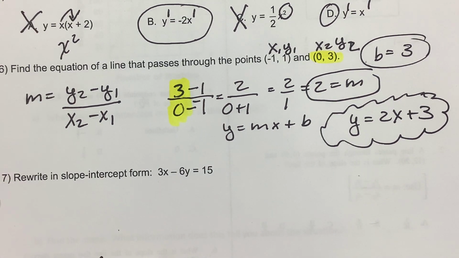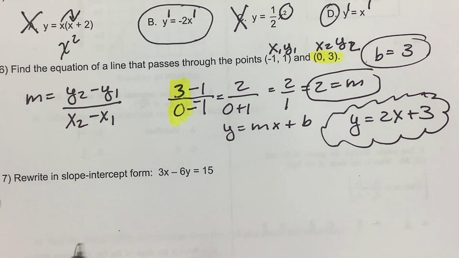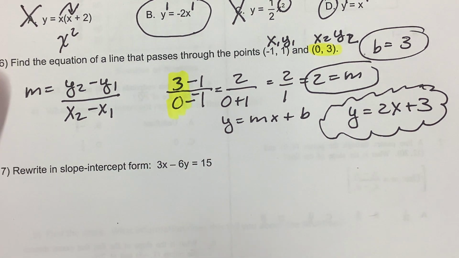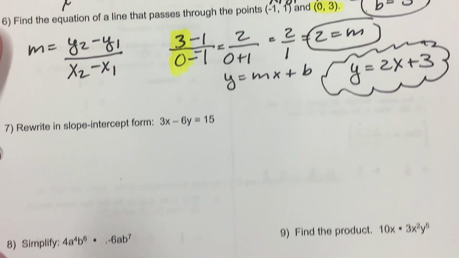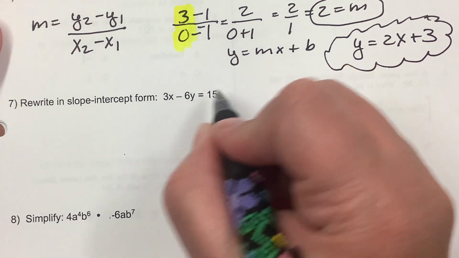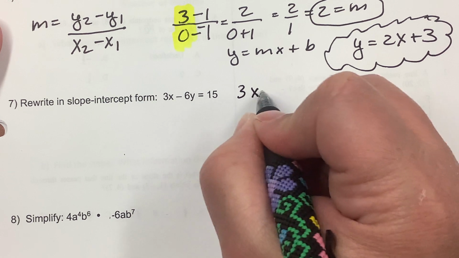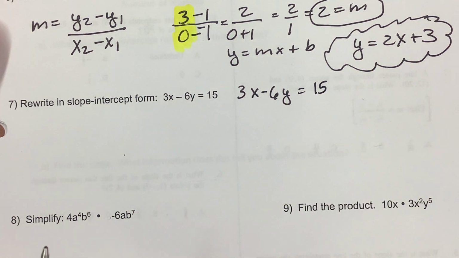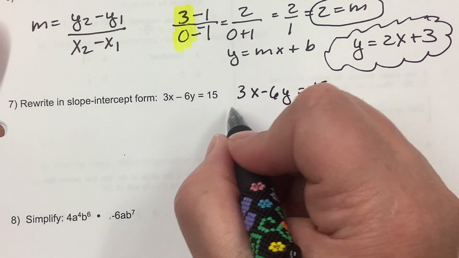The next one, rewrite in slope-intercept form. The way you do this is you want to get the y by itself on one side. So 3x minus 6y equals 15. First, add or subtract the x to get it to the other side.